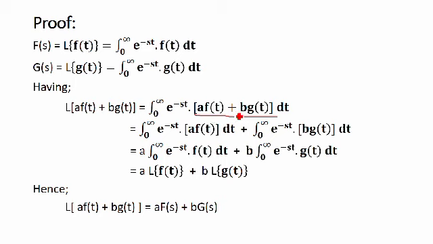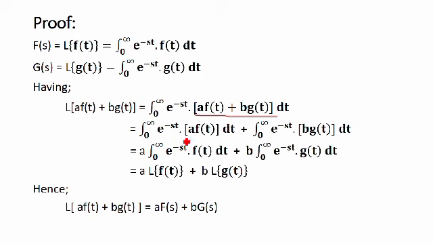So we can expand this, as we know from calculus that we can separate these two here. We can have the integral from 0 to infinity of exponential negative st times a f of t dt, plus the integral from 0 to infinity of exponential negative st times b g of t dt. Since this is common, it has to multiply each of these two functions.